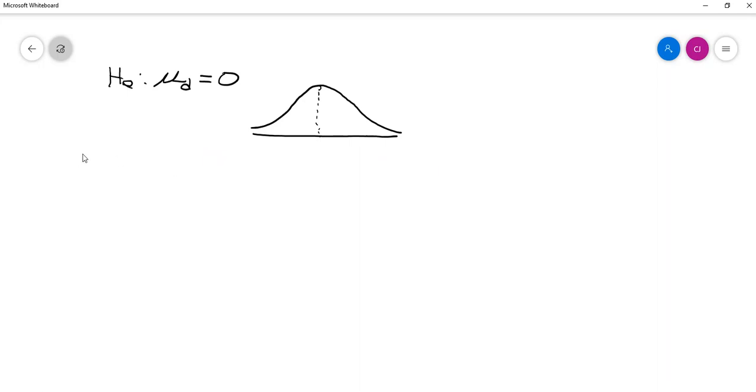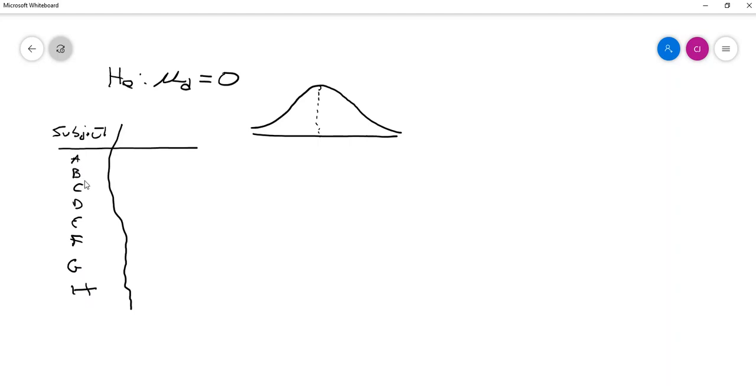Okay. So let's put up here a table. And we'll draw a straight line, and this is subject, and we have A through H. A, B, C, D, E, F, G, and H. So we have 8 subjects, and they had a before score, or a before feeling of pain.